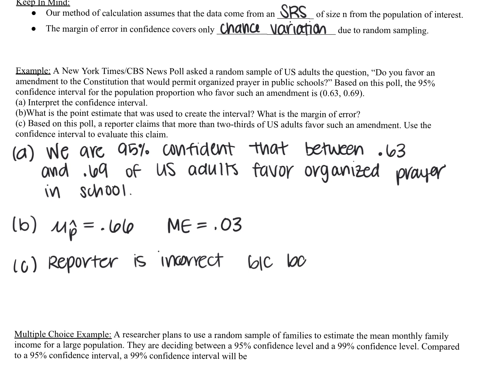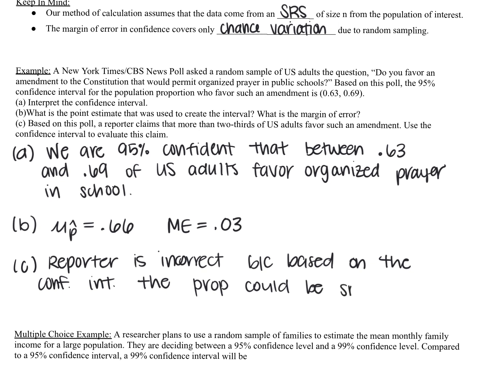Because based on the confidence interval, the proportion could be smaller. Now, if our interval was 0.67 to 0.75, then we're good.